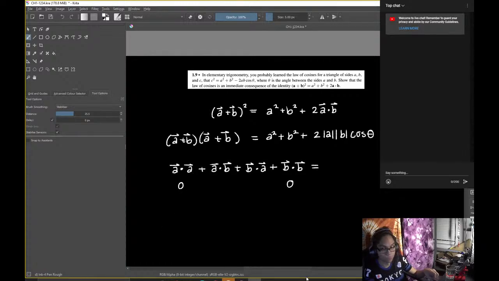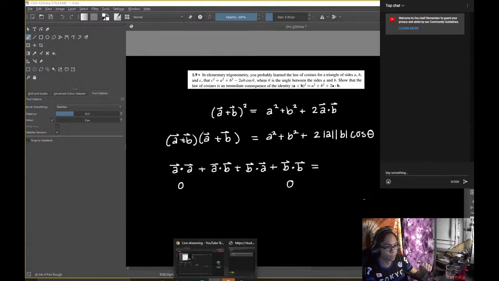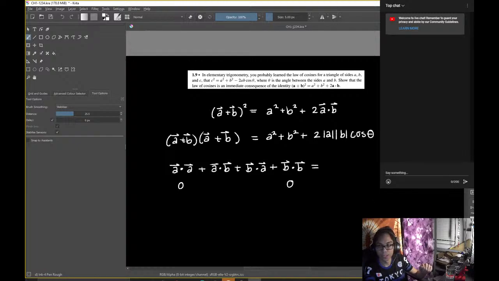Let me try to look this up. What does it mean to square a vector? Yeah. Oh, actually, let me check my book. The book would actually explain it better. Let's see. What am I missing here? Go up a little up, up, up, up. Right here, somewhere.